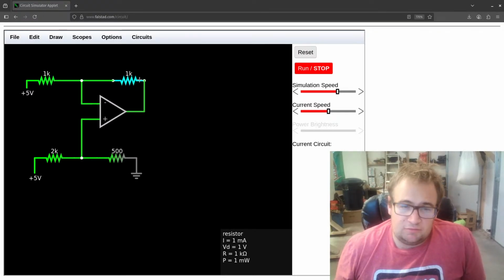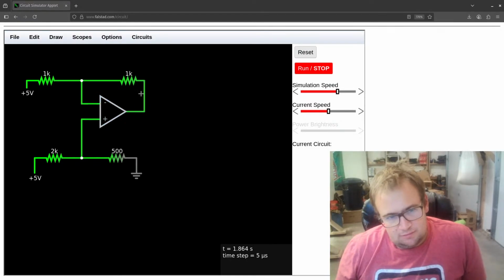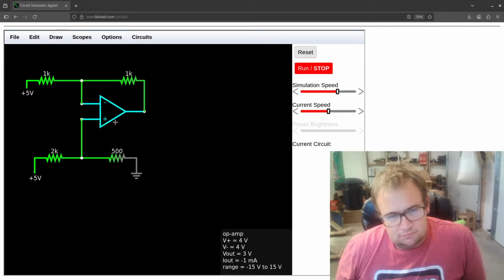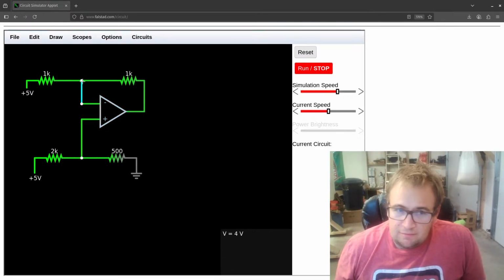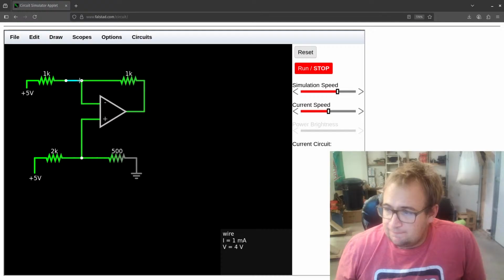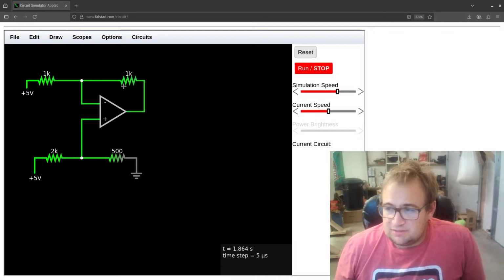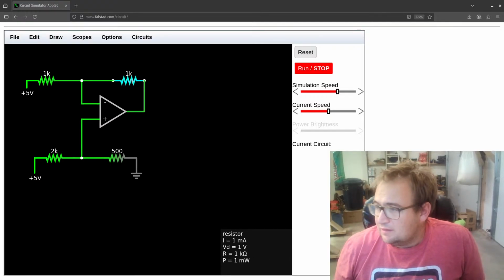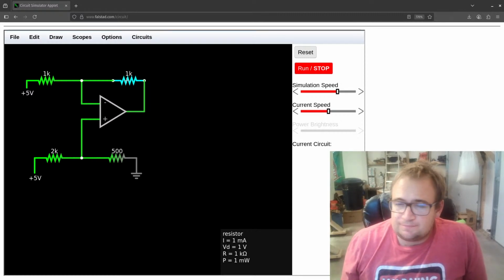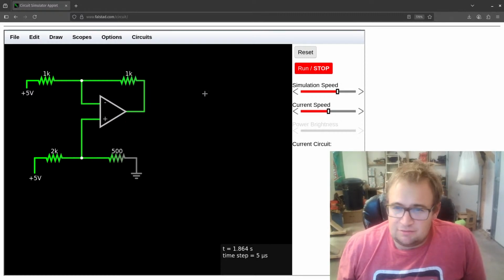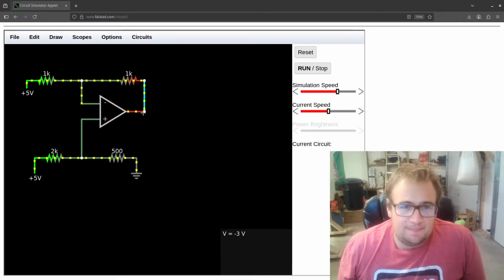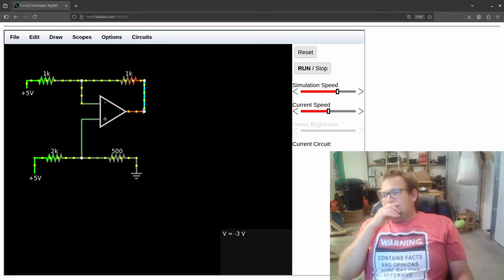That means 4 volts will be coming across here. So, I mean, since there's only a volt here, we need 4 volts to be dropped across here. That effectively means we're going to need a minus 3 volts here. See? Yeah, minus 3 volts.